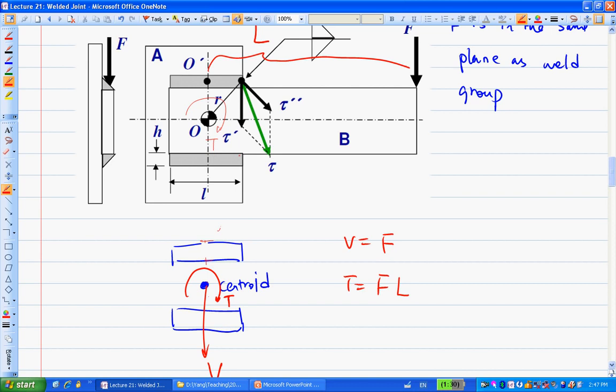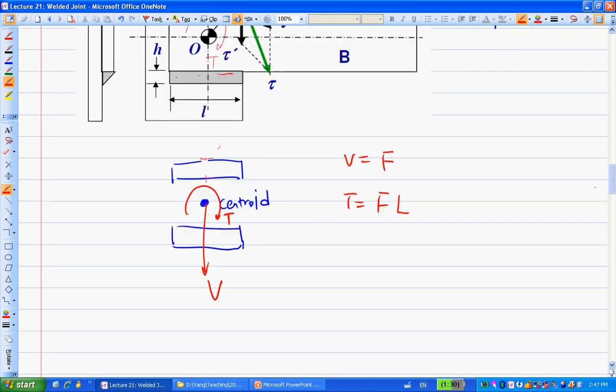What you need to understand is the most critical location is where the shear stress is the biggest. Anywhere on the weld group, if you pick any location, that V is going to cause the same kind of shear stress, right?